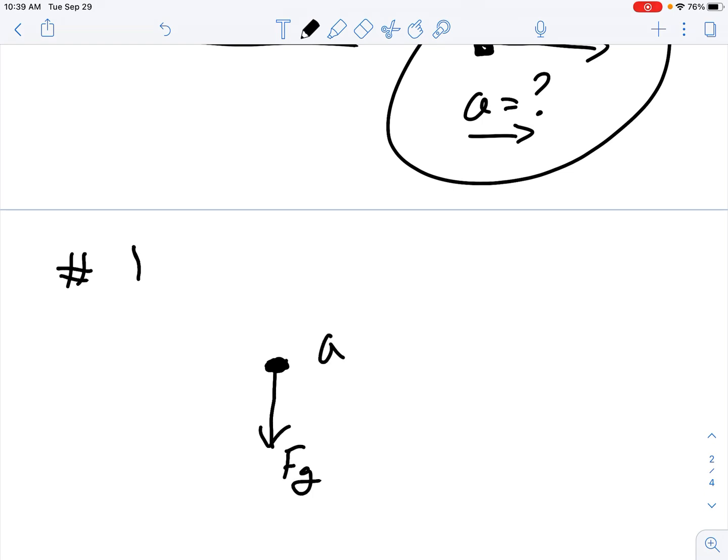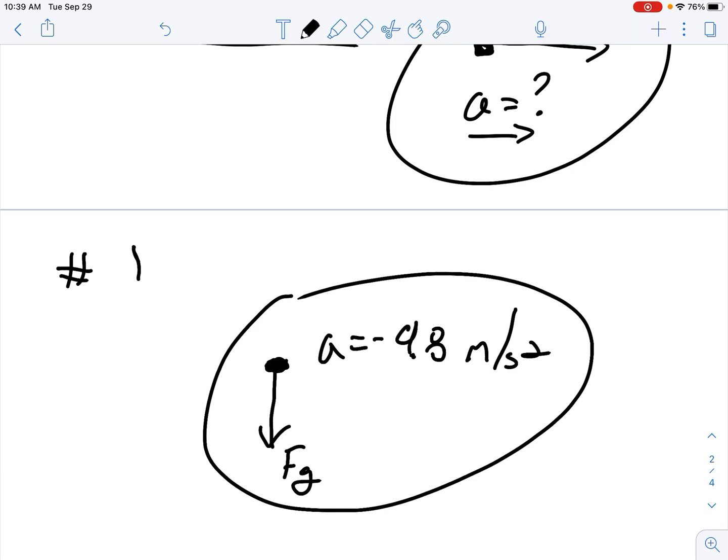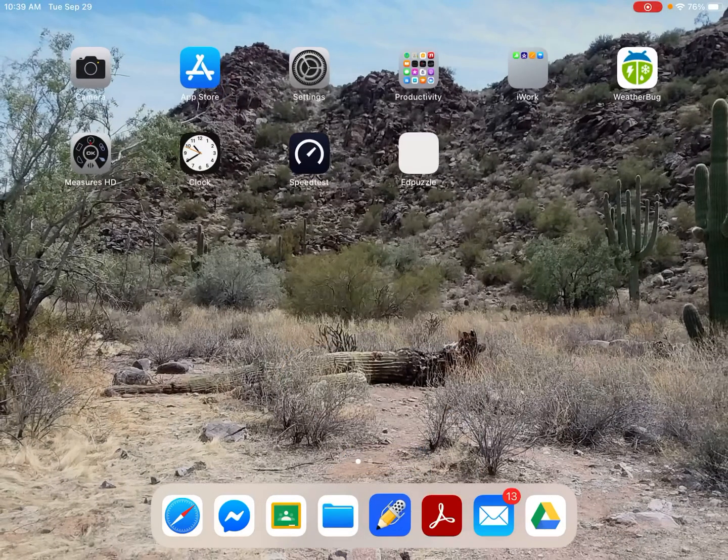It's going to accelerate, and if the only force acting on it is gravity, we know the acceleration is negative 9.8 meters per second squared. So that gives me the free body diagram.